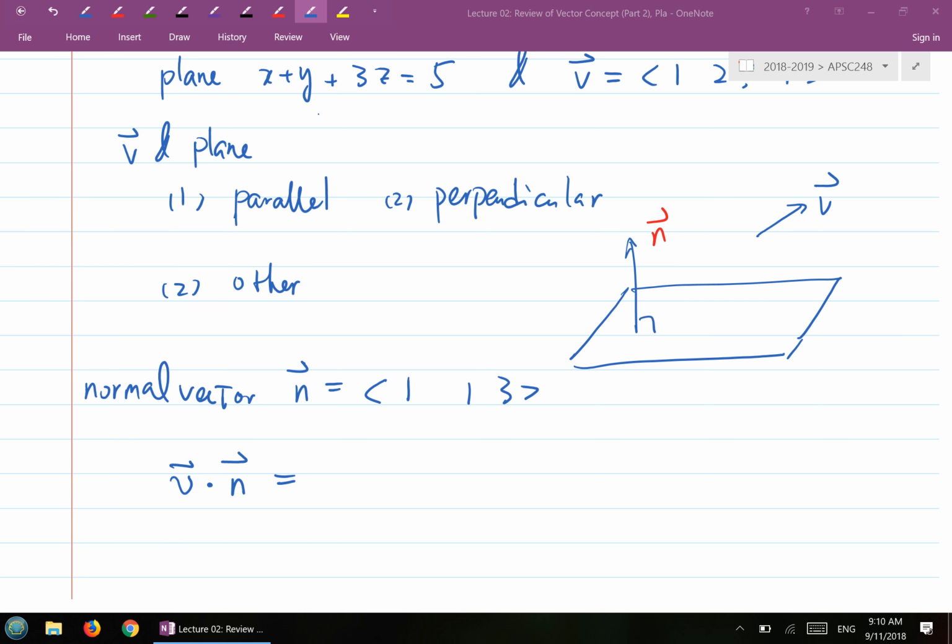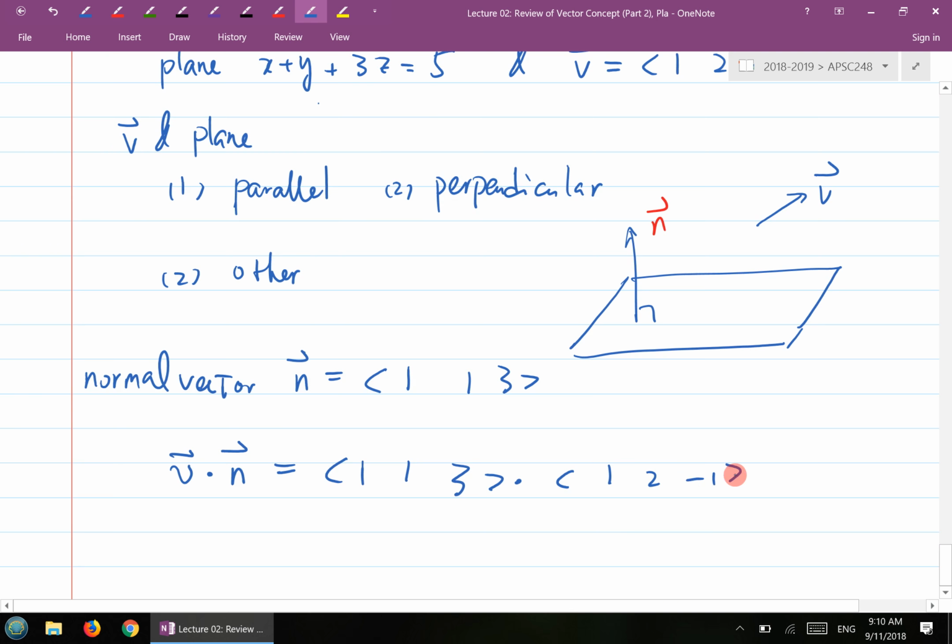So let's take a look at the dot product result. 1, 1, 3 dot this v, 1, 2, -1. If you plug everything in, 1 plus 2 minus 3 is 0. So that's good, right? 0 means you're talking about parallel.